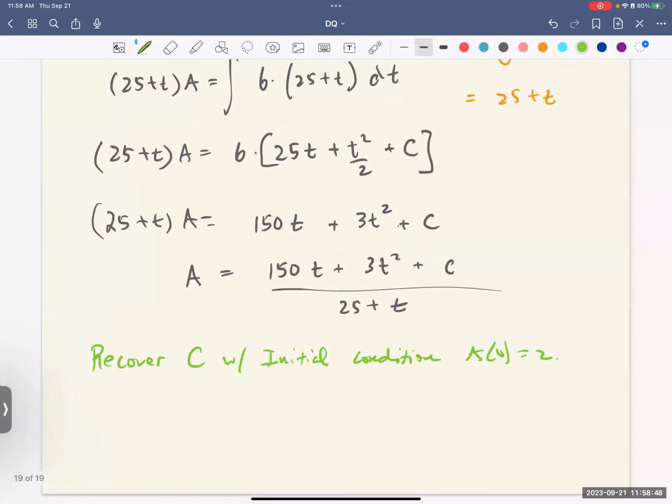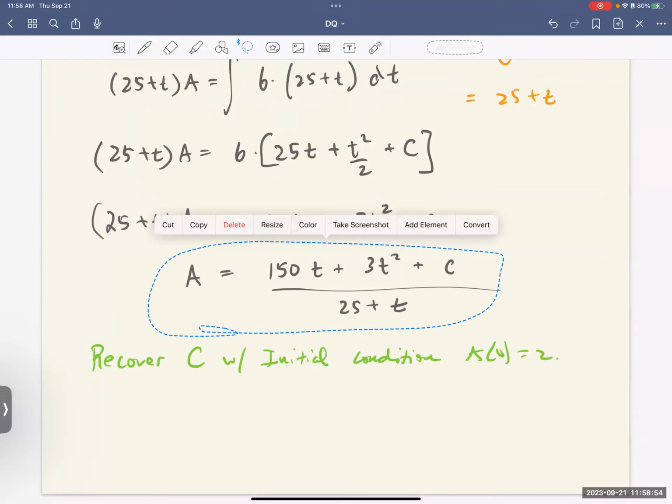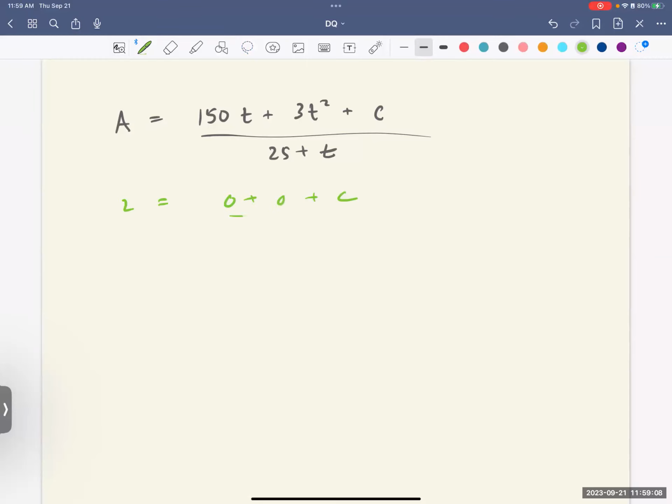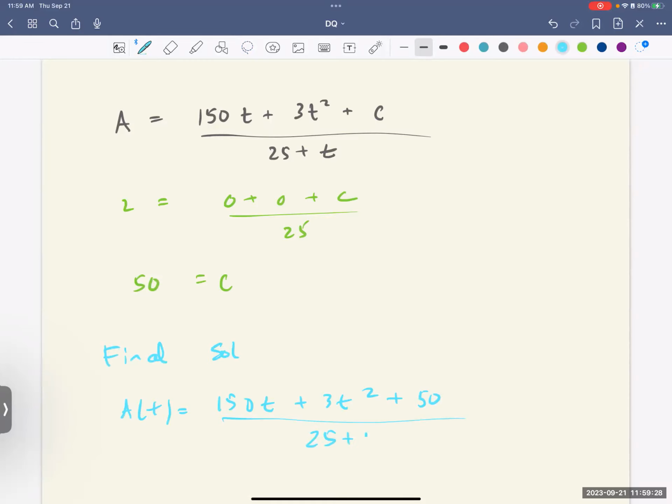We plug that in: 2 is equal to 0 plus C all over 25, and C then is going to be 50. So when we rewrite our final solution, A of t is going to be 150t plus 3t squared plus 50 all over 25 plus t.